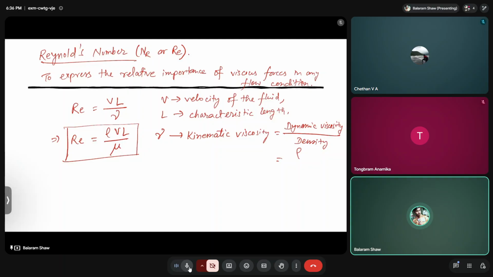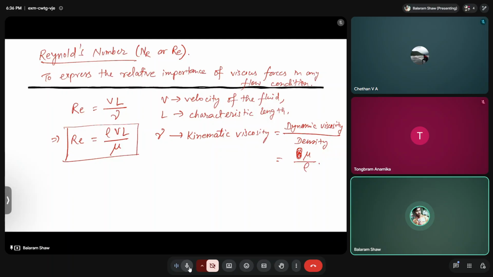Now, if you go through the definition, the Reynolds number tells the relative importance of the viscous force in any flow condition. Two things are happening: one is the flow, and second, there will be some viscous force. So Reynolds number gives a measure of the flow force.